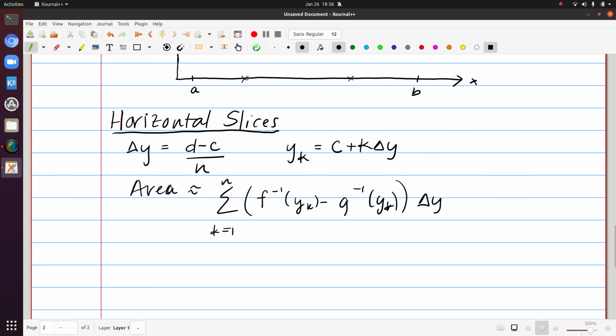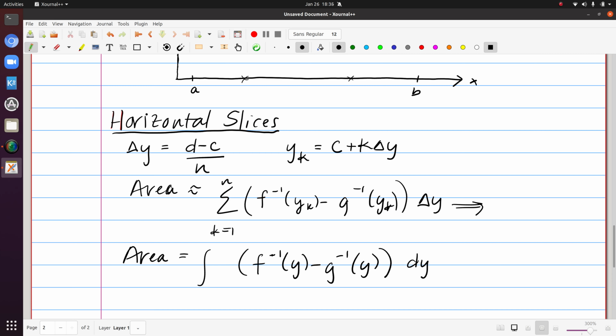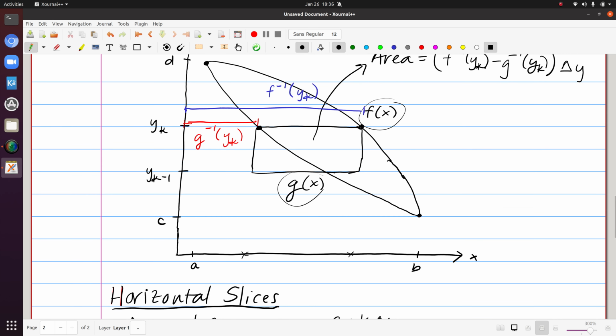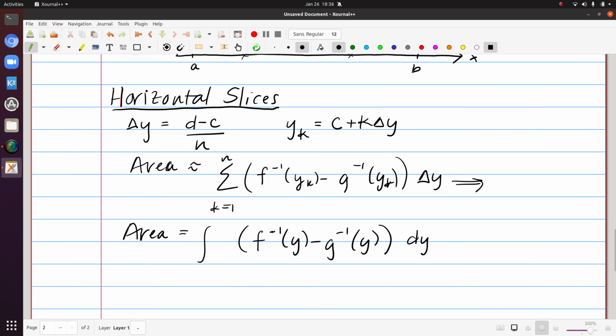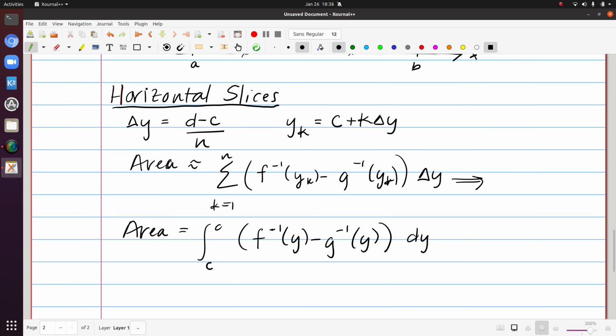To find the exact area, we would send the number of rectangles, n, to infinity. This would give me an integral. And importantly, now it's an integral with respect to y. And we see that the integrand is f inverse of y minus g inverse of y. And again, the bounds on my integral come from the knowledge of my interval on the y-axis, which we see ranges from, in this picture, c to d.